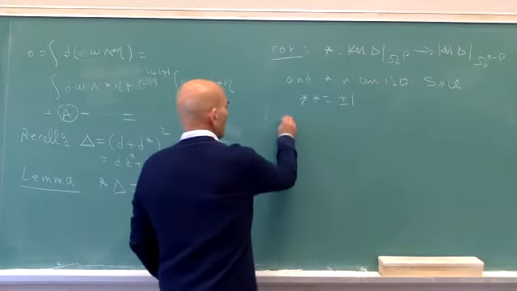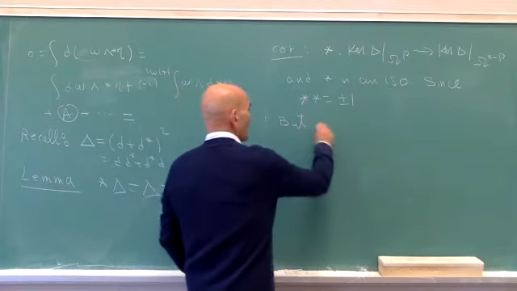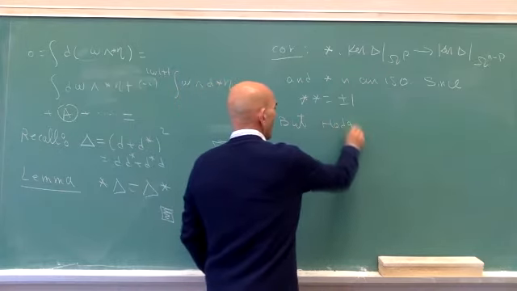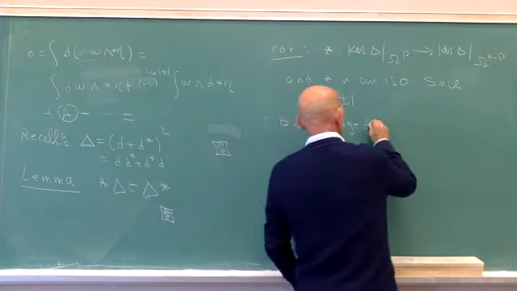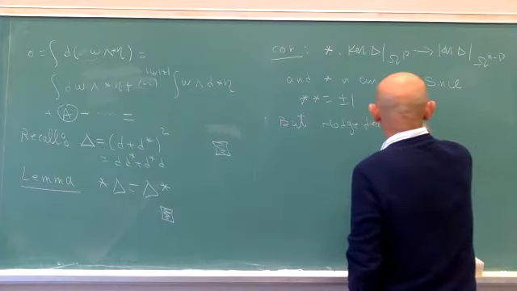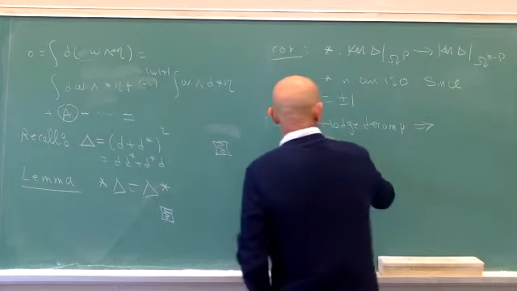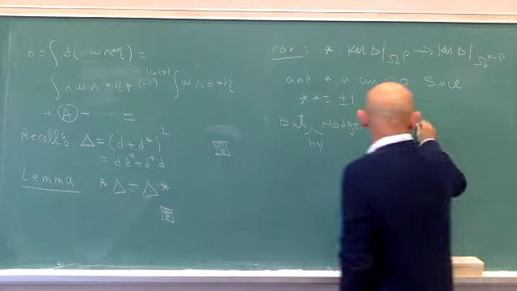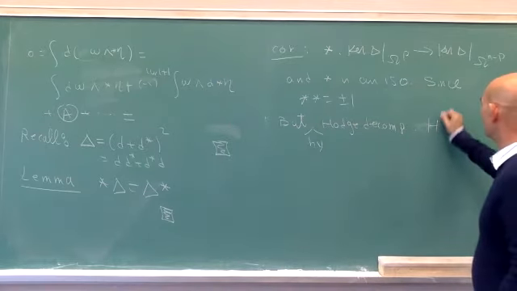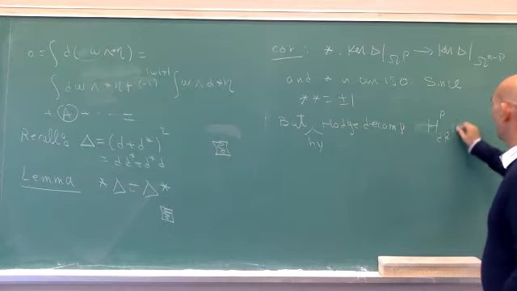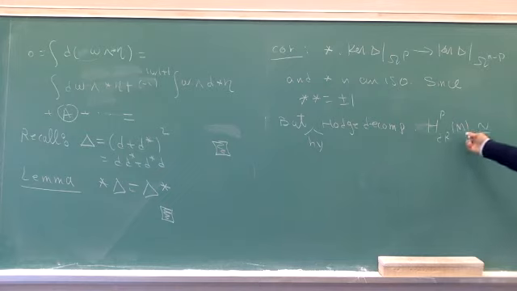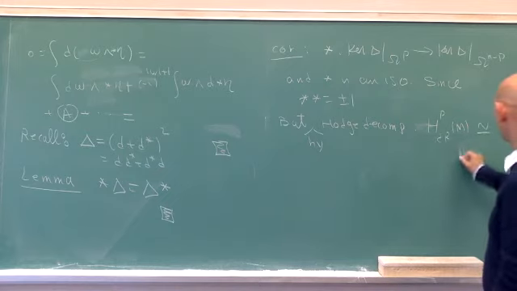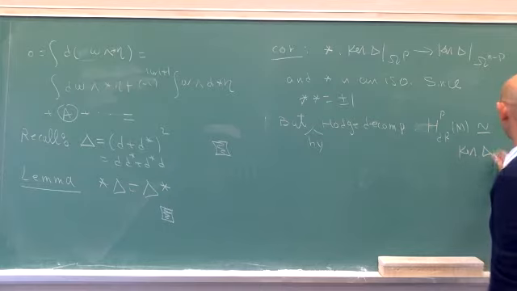So let me write it. By the Hodge decomposition, we know that H^p de Rham of M is isomorphic to the kernel of this map, which is the space of harmonic p-forms, right?